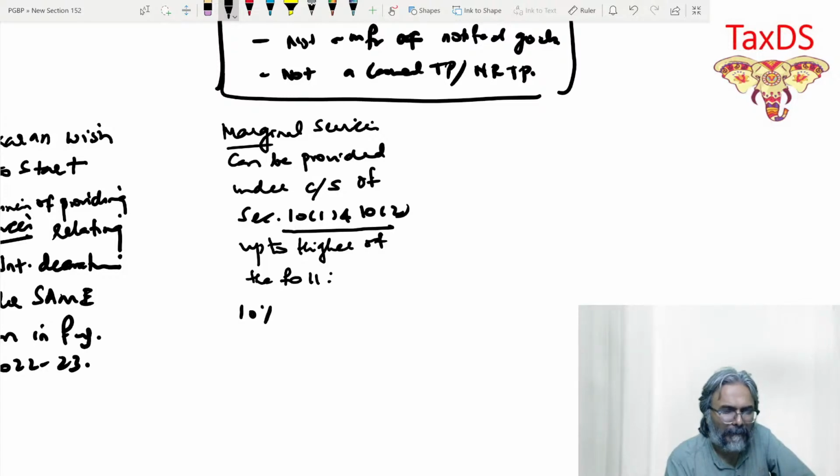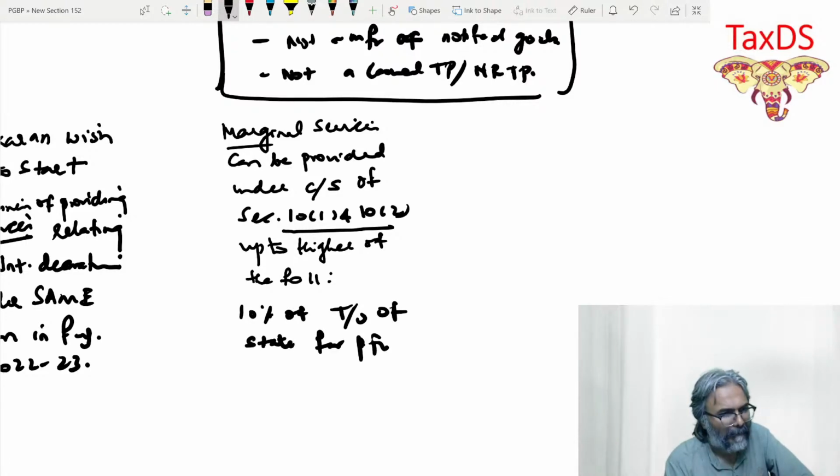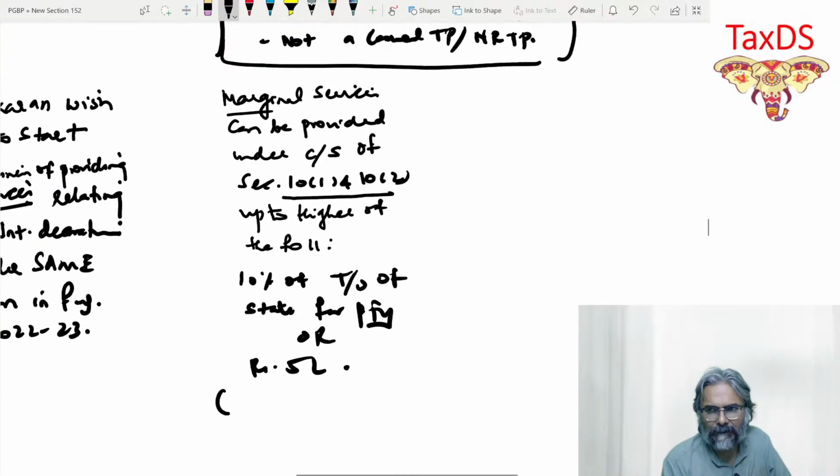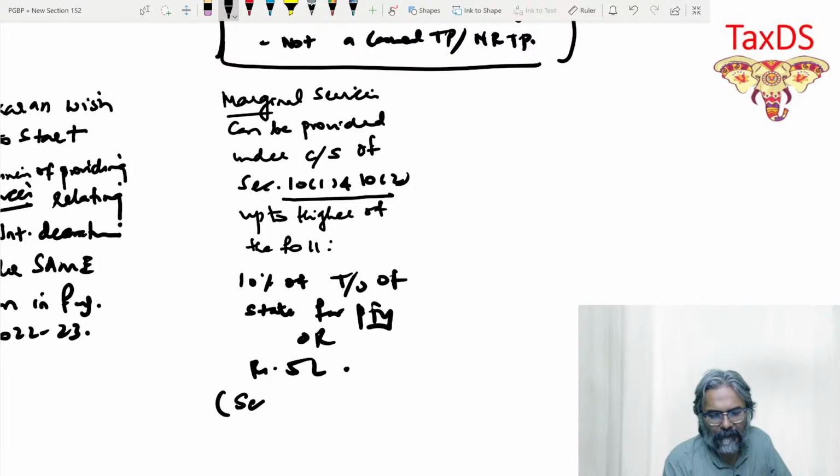What is that, friends? 10% of the turnover of the state for the preceding financial year, or rupees 5 lakhs. If you have to write this, students, you can write second proviso to section 10.